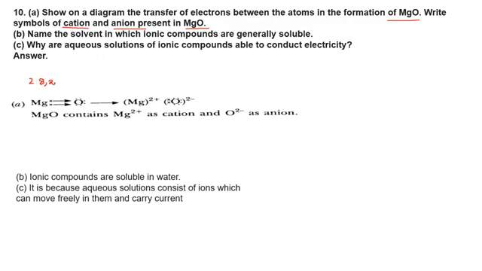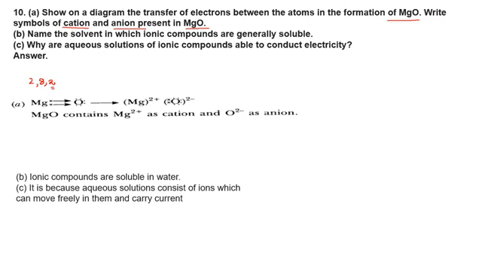You have to show only valence electrons, so that is 2, and that is why we are showing here 2 cross signs. And oxygen has 6 valence electrons, so 6 electrons are shown over here.